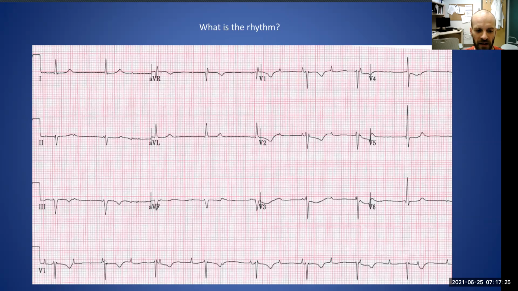You'd expect to see conducted, conducted, conducted, gap when one drops. But here, the QRS complexes are completely regular. The P waves are completely regular, but they're going at completely separate rates. So there's no relationship between the P waves and the QRS complexes. This is, in fact, third degree, or complete AV block. But this was a tricky one, so good effort, Anne, but not quite right this time.